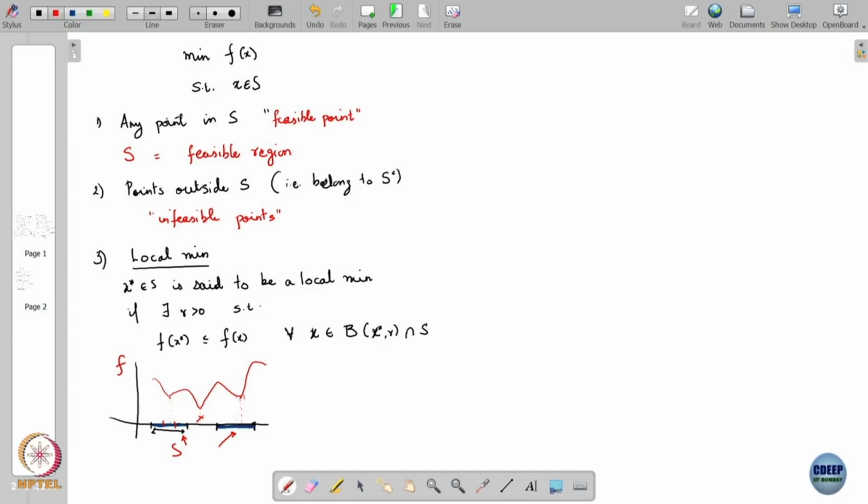Let me give you another example. Just a similar sort of region. Let us take S as this and this, and suppose I consider a function like this.